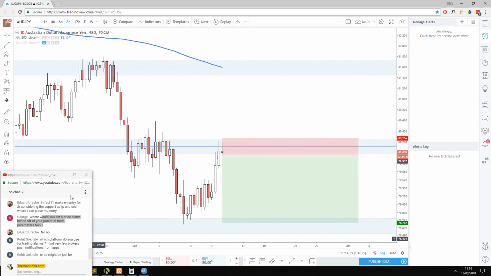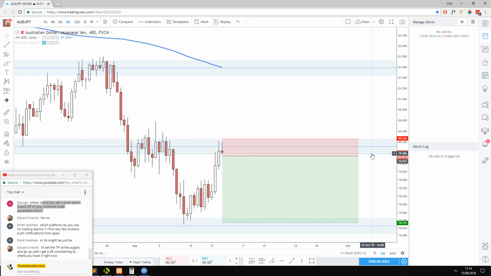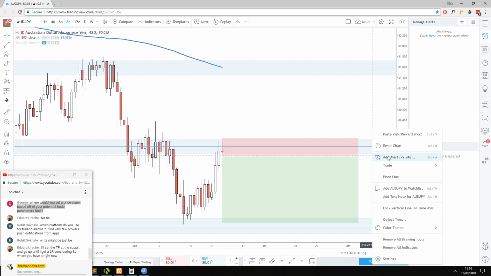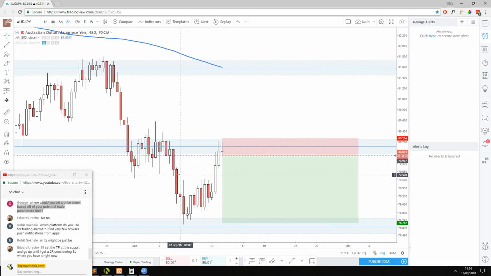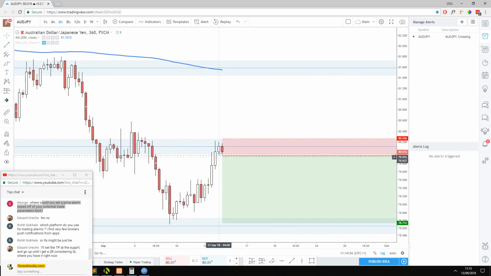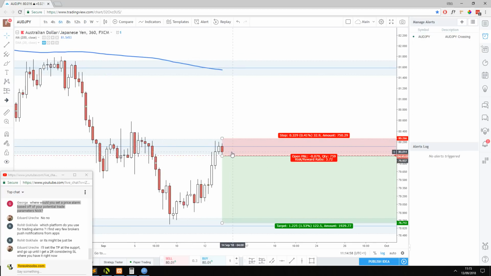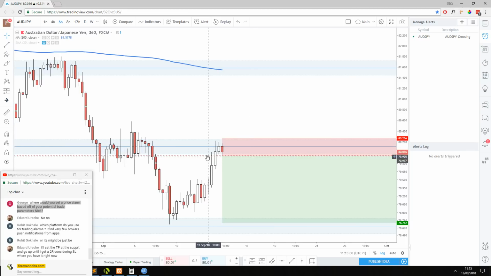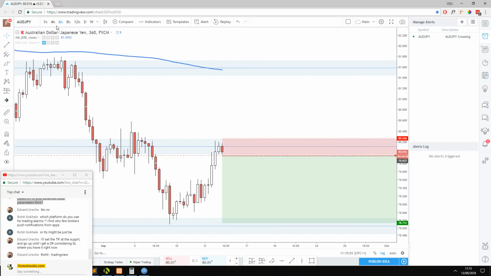So in this case, I probably would not even bother setting it. I would just check in every now and then, because if I set a price alarm there and it drops down on the 6 hour, triggers it, I'm not entering on the 6 hour anyway, so it doesn't really matter.